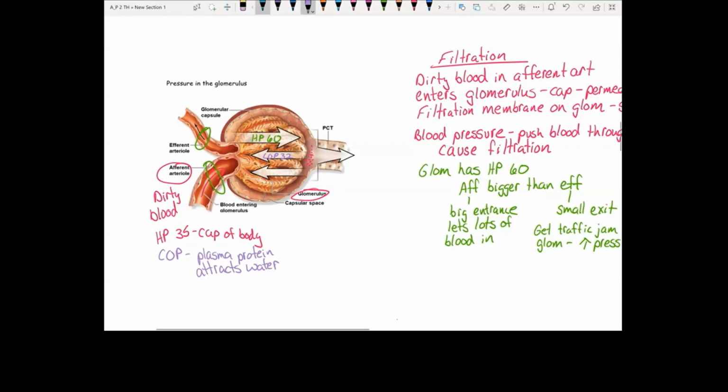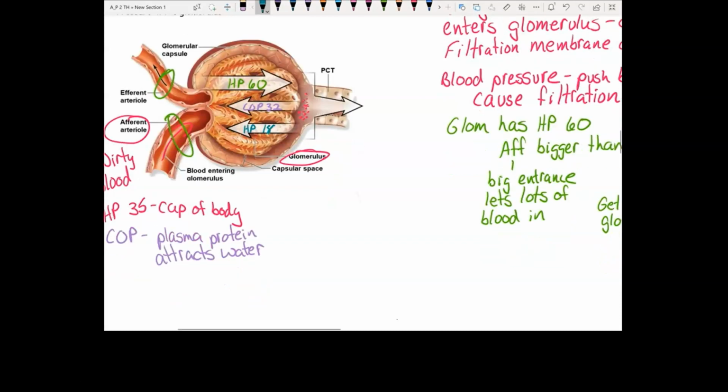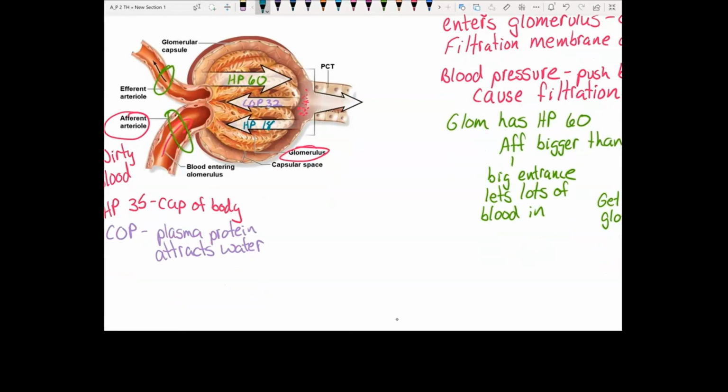Now in the glomerulus, we have a third pressure. This one is another hydrostatic pressure, but this is the hydrostatic pressure of the capsule, and this is 18. Remember, what catches the filtrate is Bowman's capsule. When that filtrate comes out, it is trapped here.